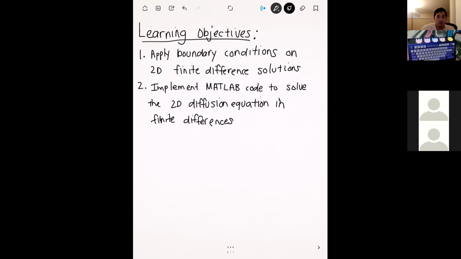Oh, there is one. It's called contour XY. Yeah, that sounds promising.